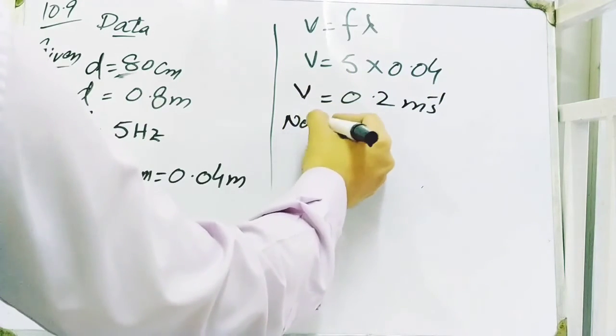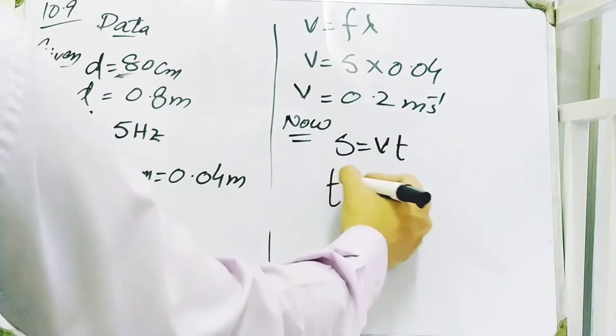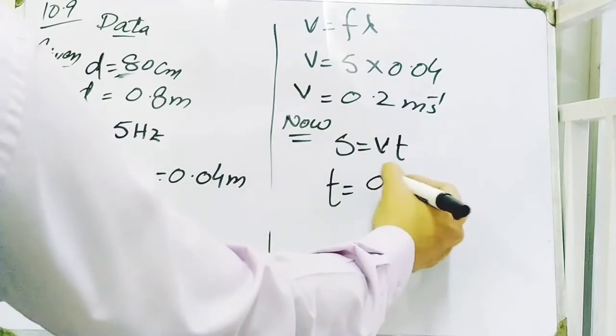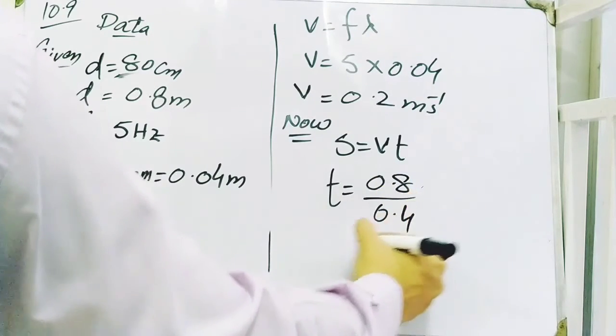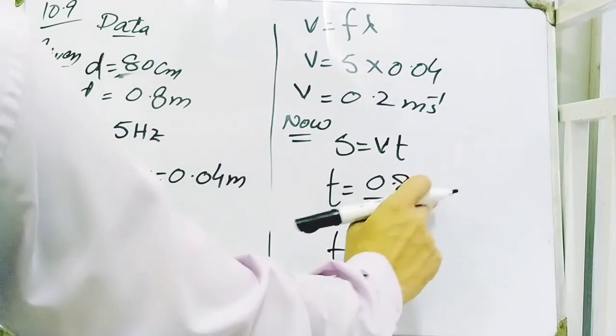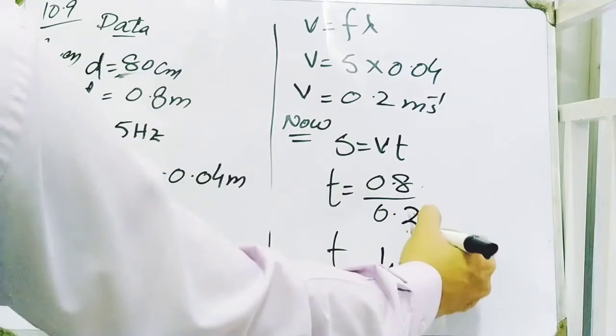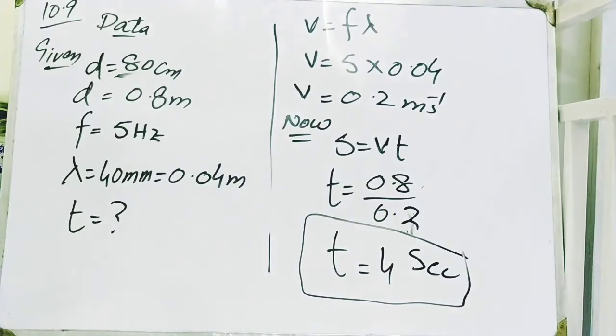Now as we have the distance formula, S is equal to Vt, so t will be equal to S, we have 0.8, and V is equal to 0.2. So time will be equal to 4 seconds. This is the solution for numerical 10.9.